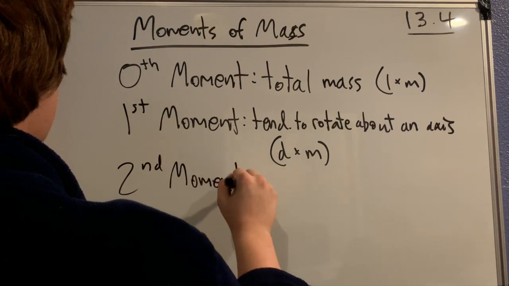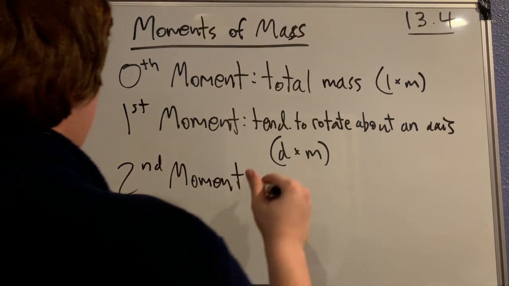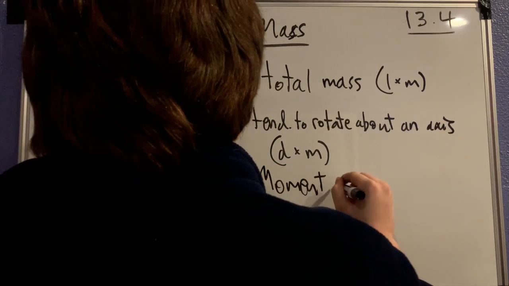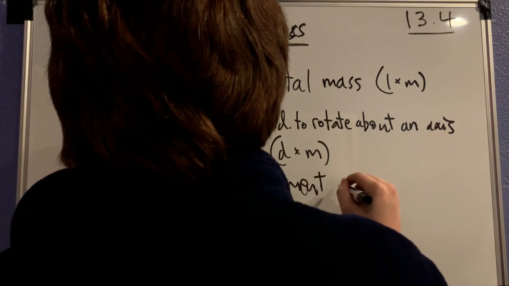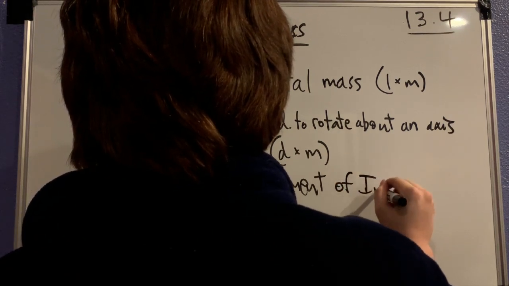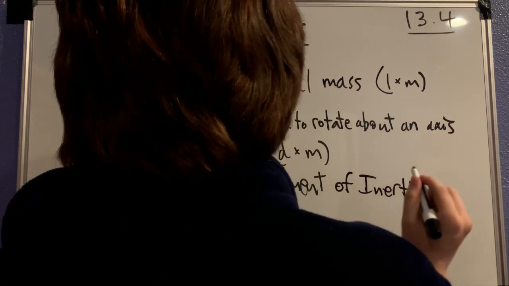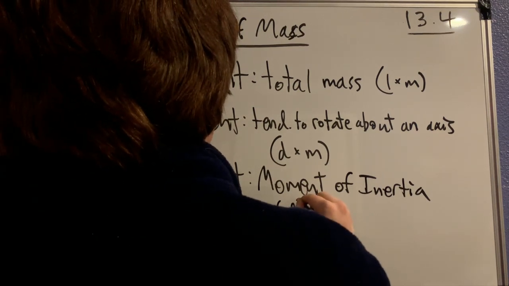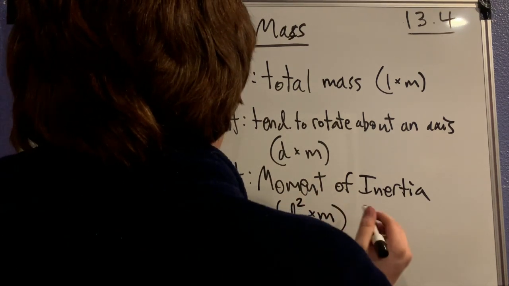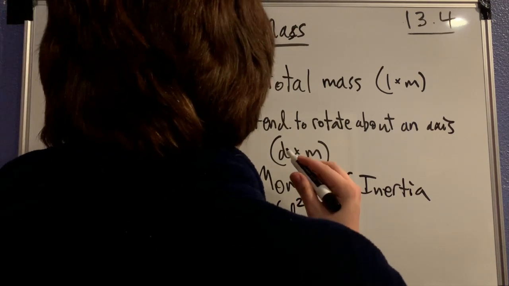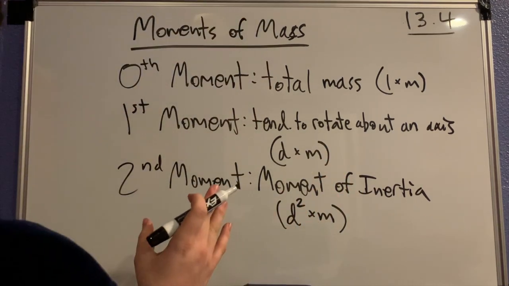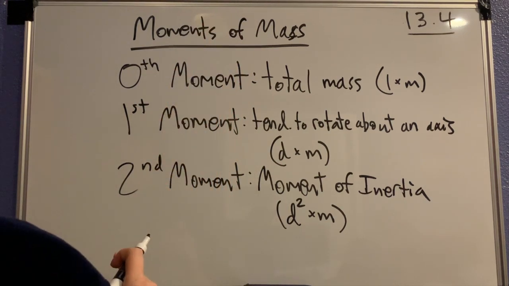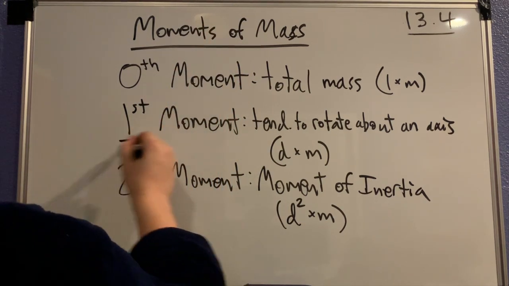If you've taken physics, you should all be familiar with it, and it's just called the moment of inertia, which is kind of the resistance to angular motion. So moment of inertia. And in general, the general form for a moment of inertia is d squared times m, where again, d is the distance to the center of mass. So it's good that you should be able to differentiate between these. And in this part of the lesson, I'm going to focus on the first moment.